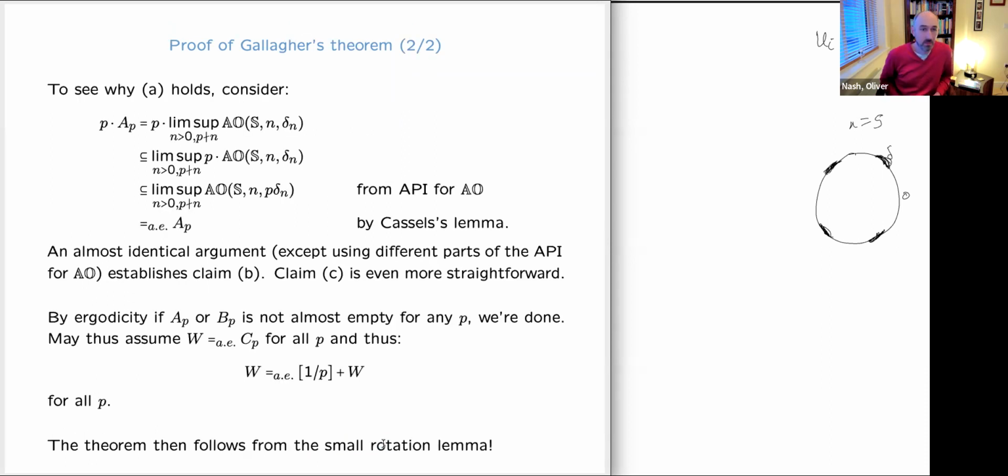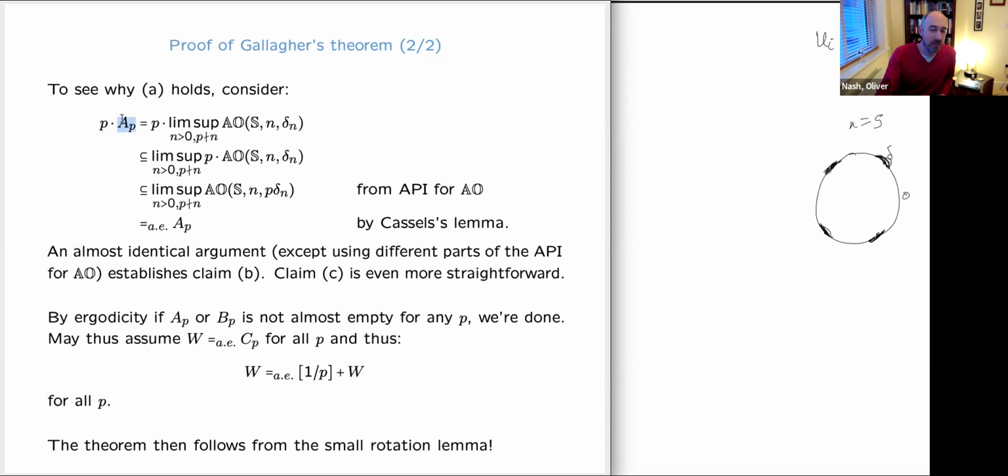Well, right, so this is a proof of property A. You use the API for the points of approximate order, you use Castle's lemma, you get this. So now, this multiplying by P, that's an ergodic map. We proved that.